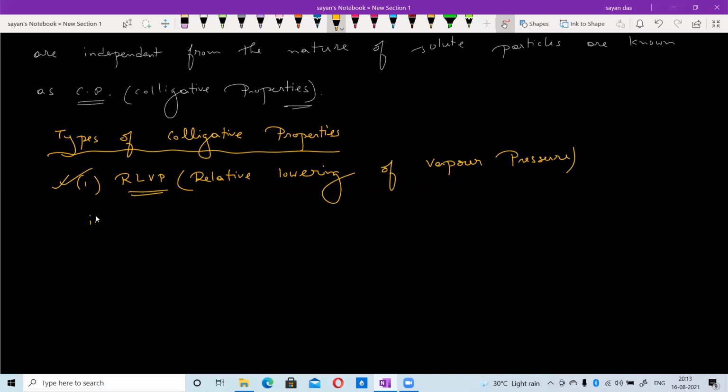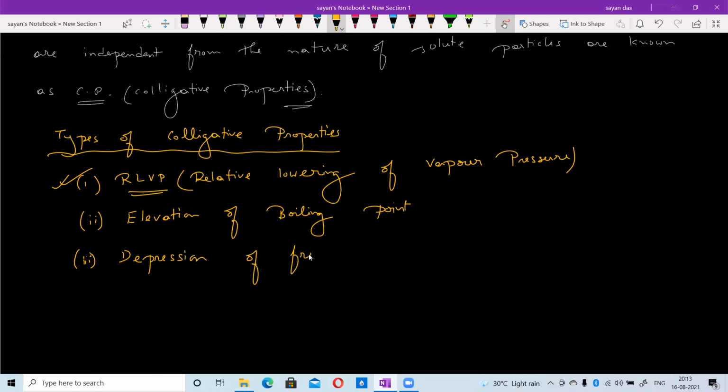Second one, elevation of boiling point. Third one, depression of freezing point. Fourth one, osmotic pressure.